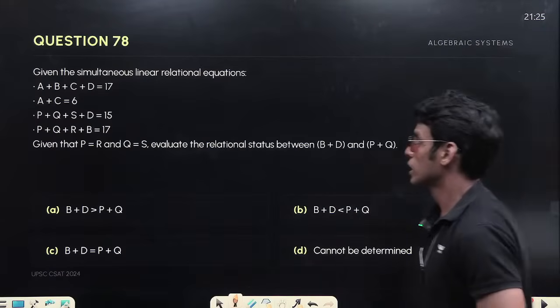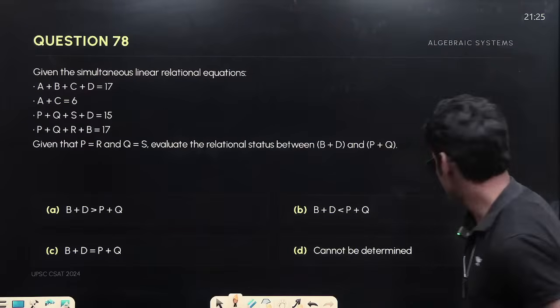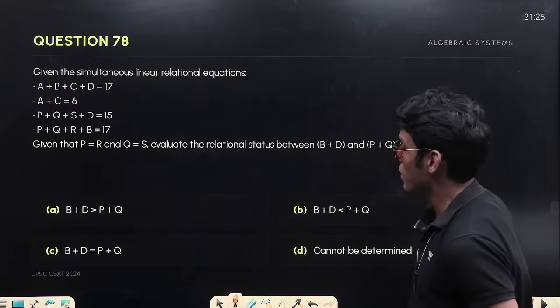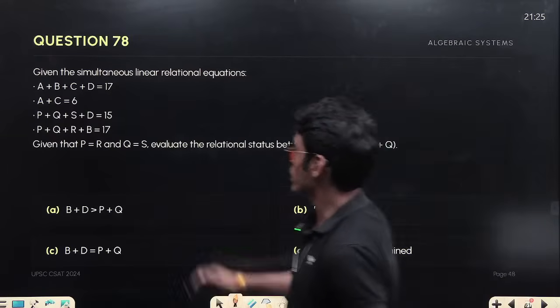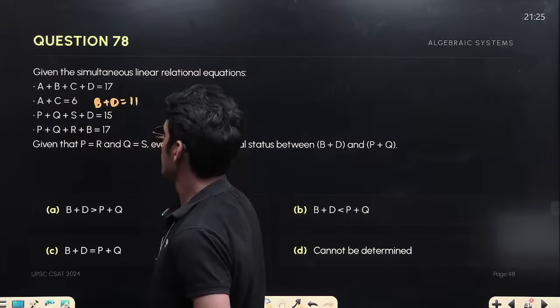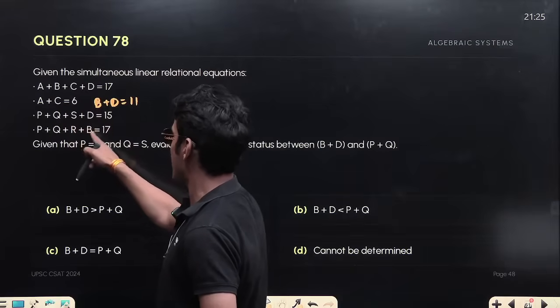Now, problem number 78. Given the simultaneous linear equations, a plus b plus c plus d equal to 17, a plus c equal to 6. So this gives me b plus d equal to 11, right? Now, p plus q plus s plus d is 15, p plus q plus r plus b equal to 17.